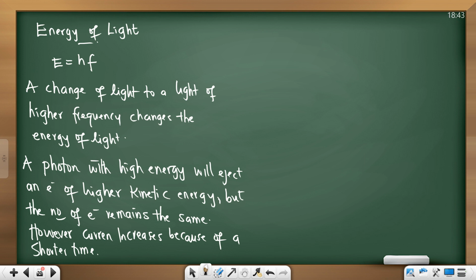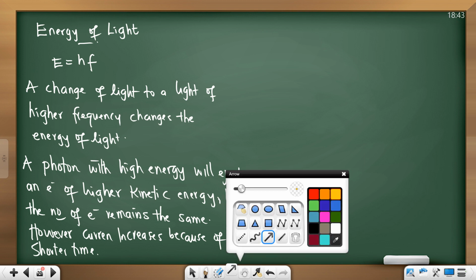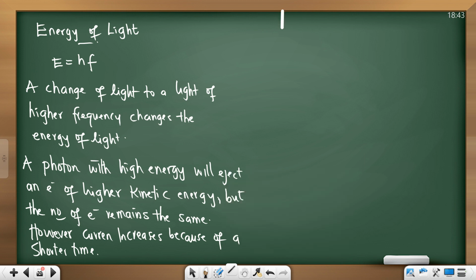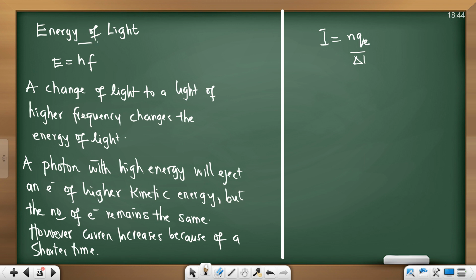Okay, good question. I know that's where you want to catch me. But I will catch you first. I equals to what? NQE over, that's where I'm catching you, over delta T. I and delta T are what? Inversely proportional.